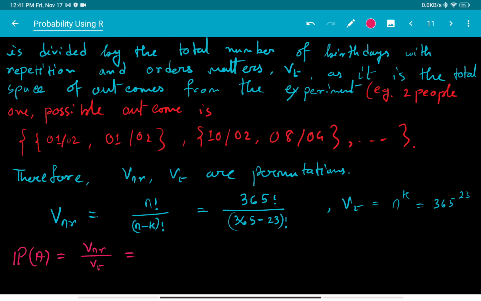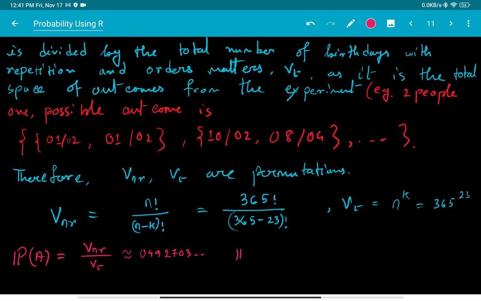You compute VNR and VT, and it will be approximately 0.492703.